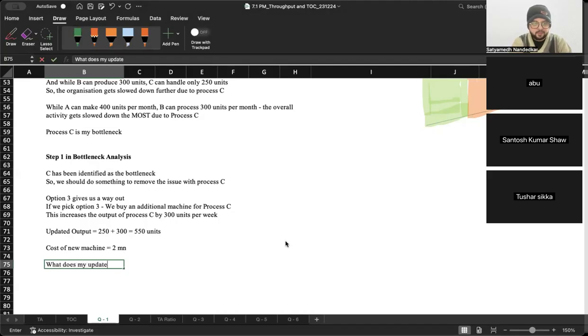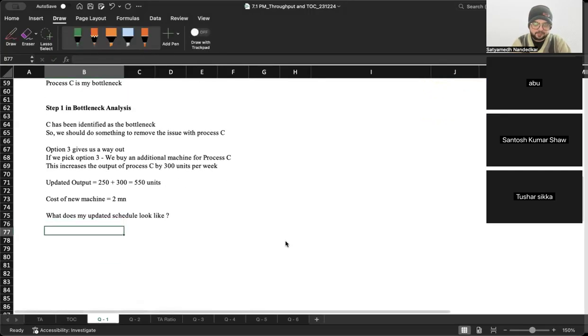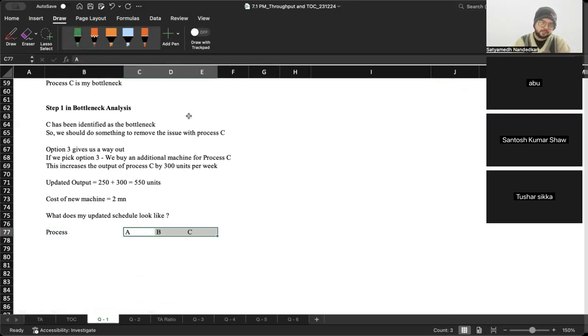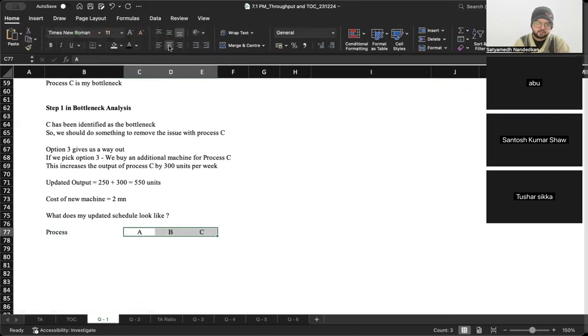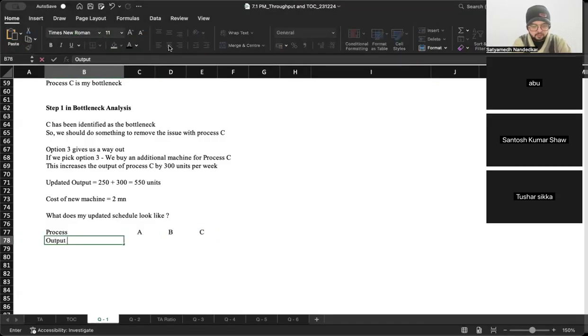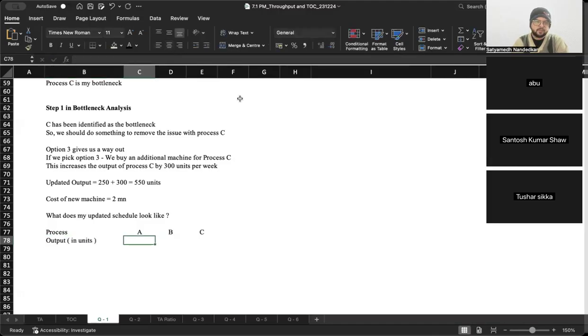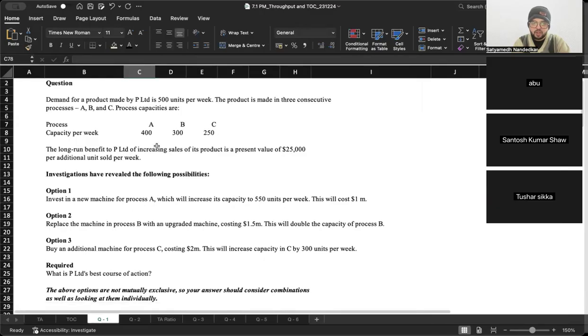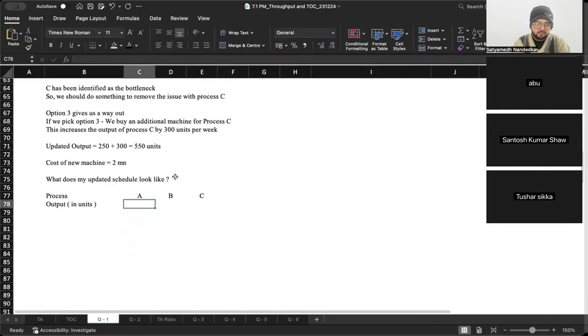What does my updated schedule look like? Process A, B, and C. A and B have not changed, so 400, 300.